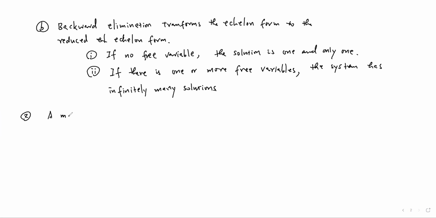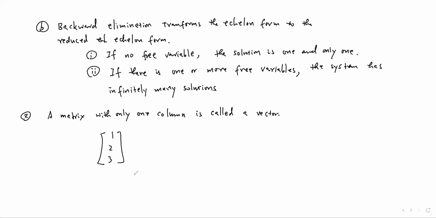A matrix with only one column is called a vector. Say, for example, 1, 2, 3. This is a 3-dimensional vector.